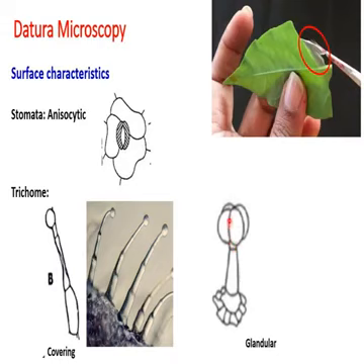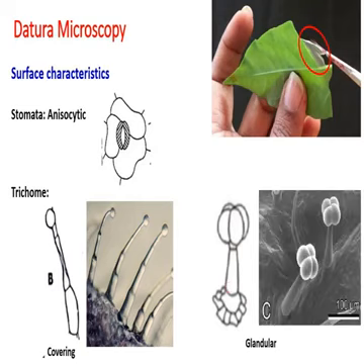Generally, 4 to 6 cells are present in the head. This is a diagram, and the actual image is under the electron microscope. You can find this kind of image, the multicellular head and a unicellular stalk. Again, the function of glandular trichome is to prevent pesticidal attack on the leaves.